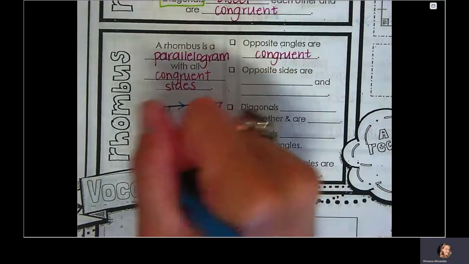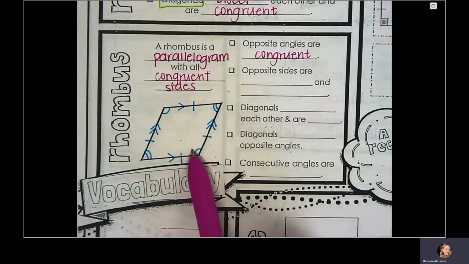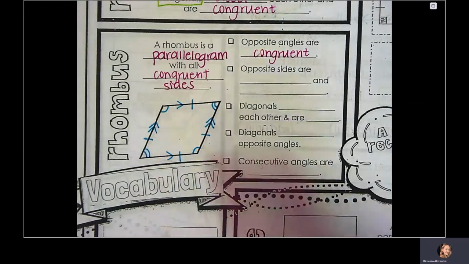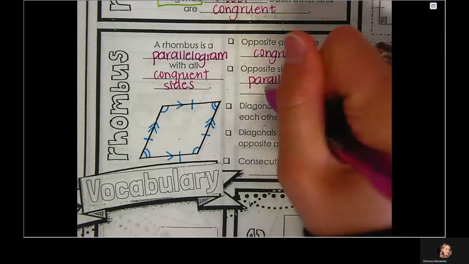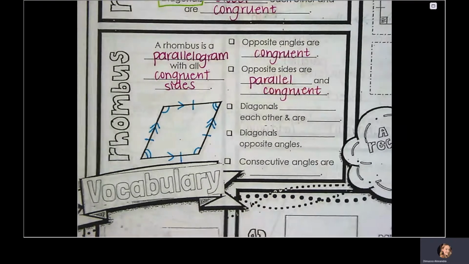So one arc, two arcs. Opposite angles are congruent. Opposite sides, we already said this, but opposite sides are both parallel and congruent.